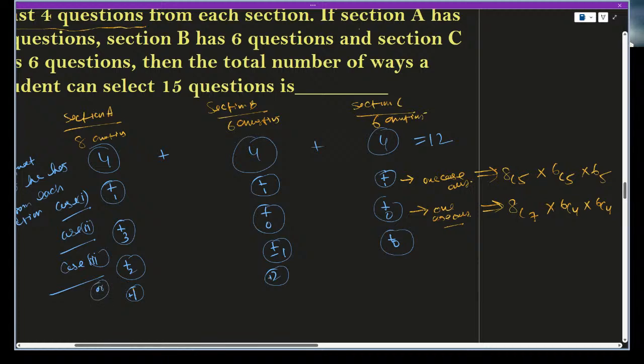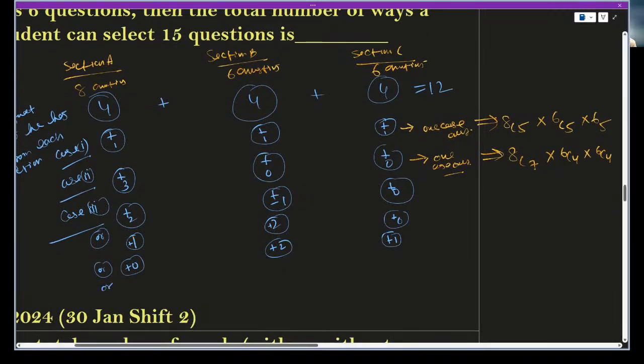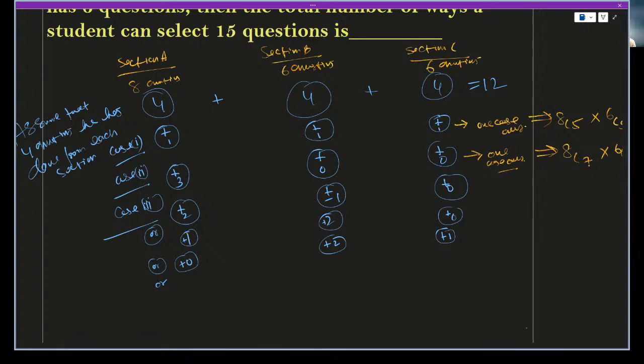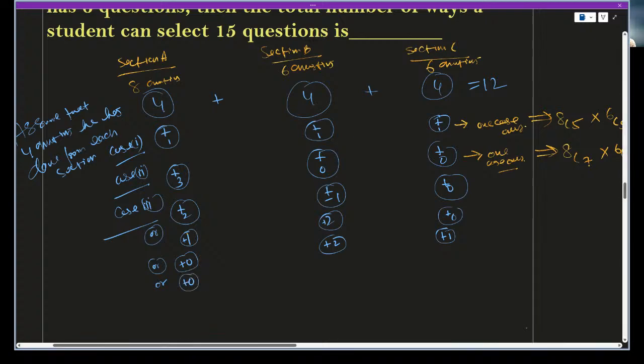Or you write here, or maybe element may be here, 0, 2 we can take from here, 1 from here, or 0, 1, 2.